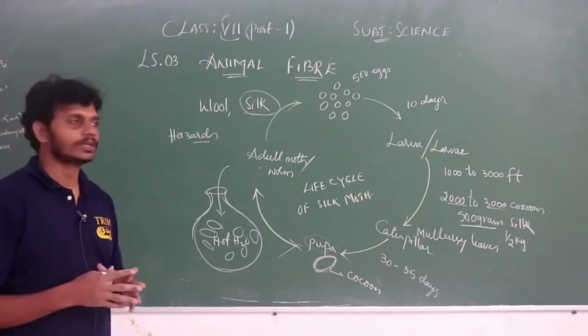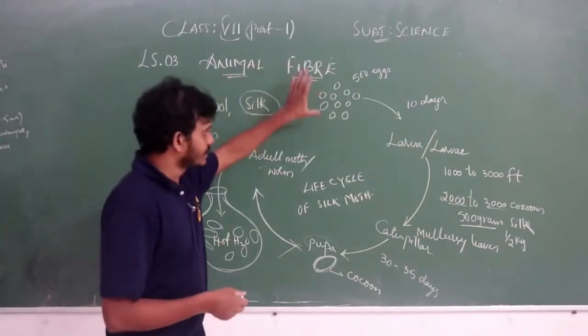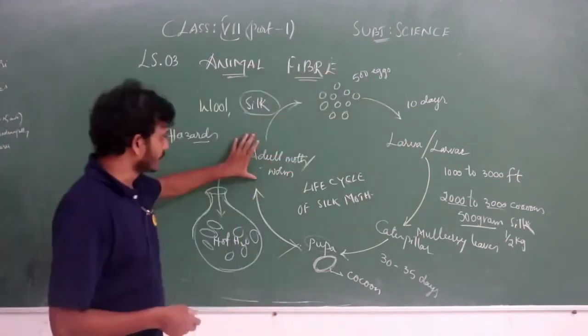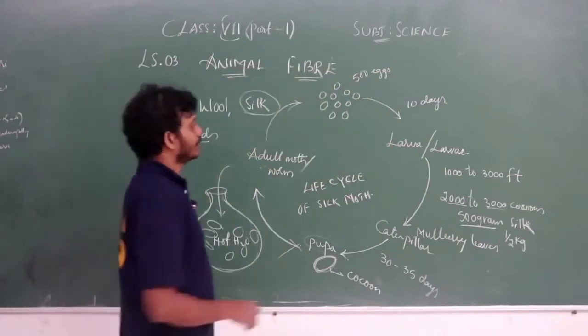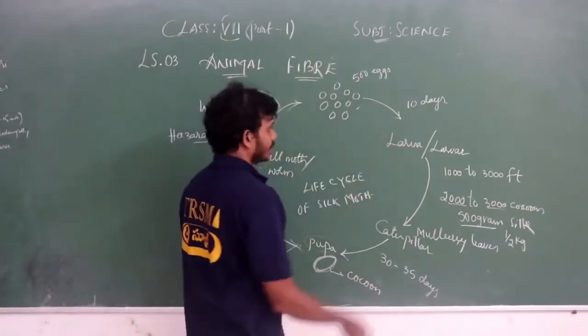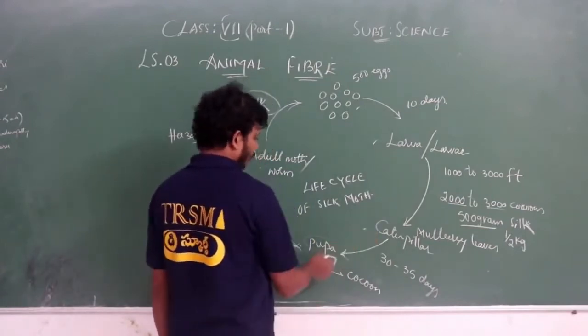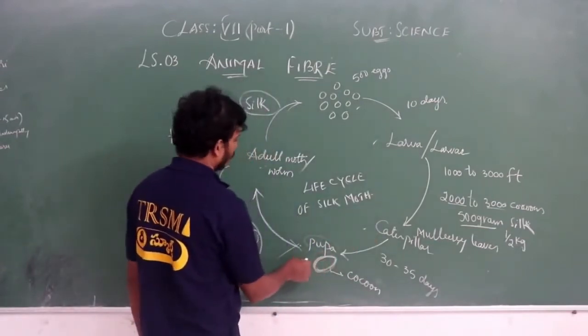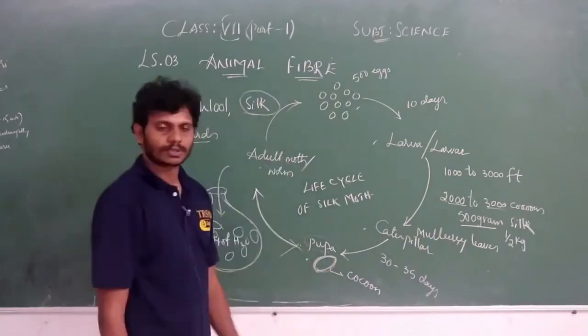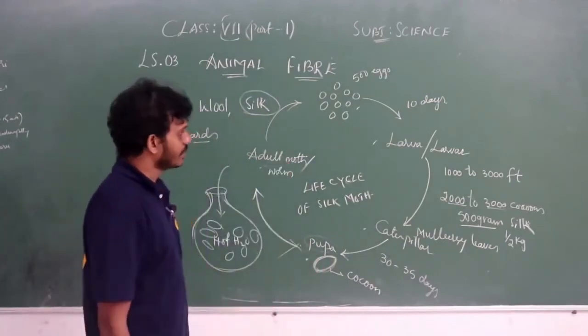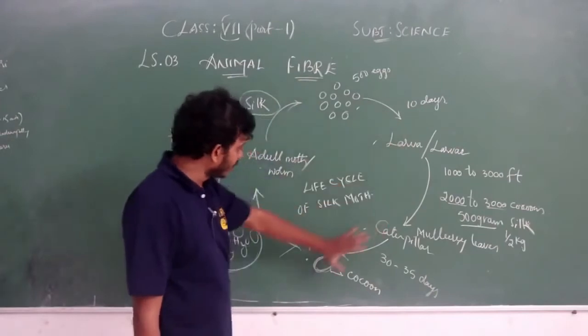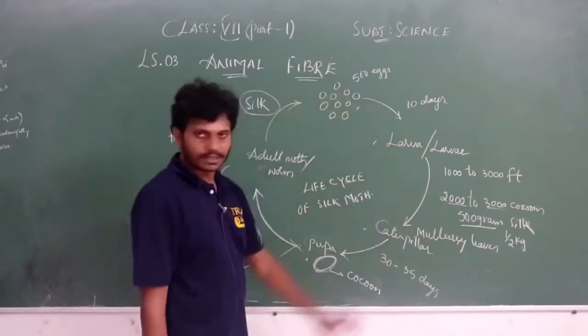Not only eggs, they sell eggs, they sell larvae, they even sell caterpillar cocoons, and adult moths. Did you understand? I repeat this once again. Whatever is present here, all of this is sold.